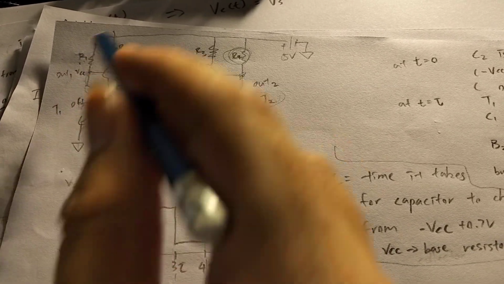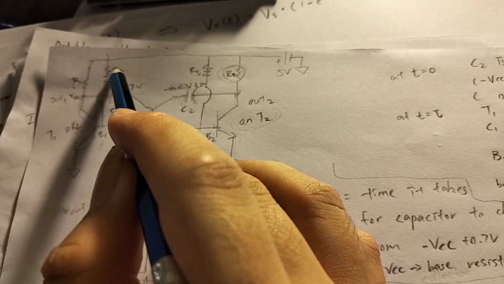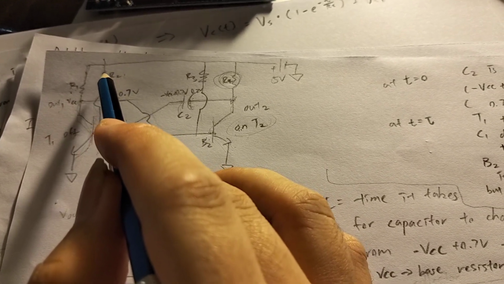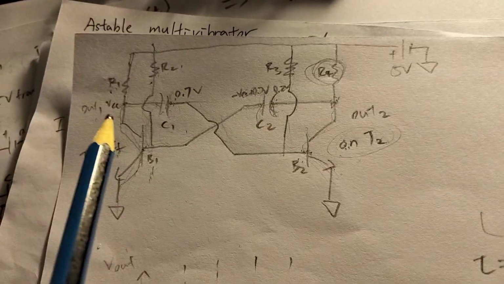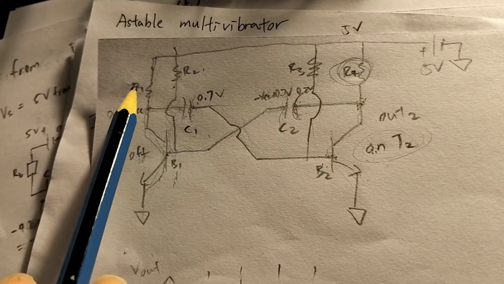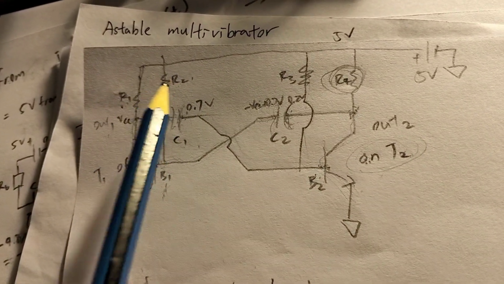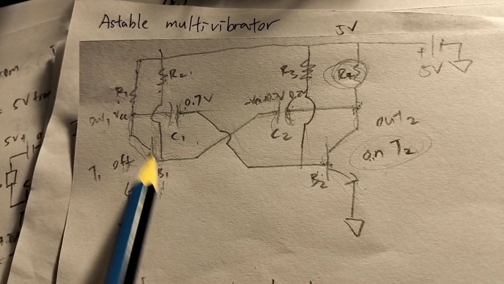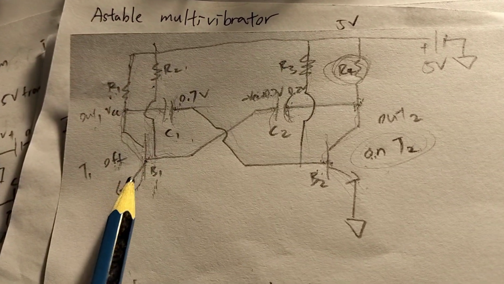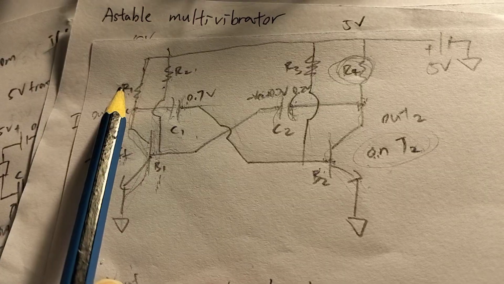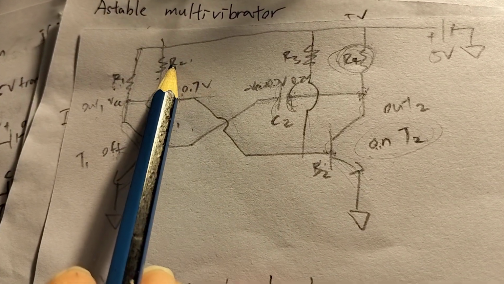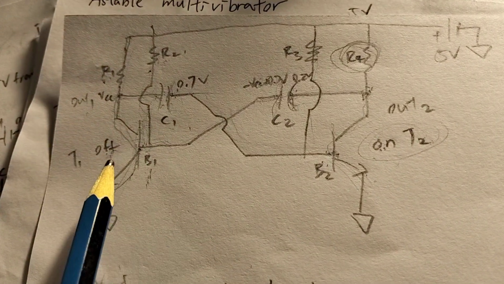So somehow, when R1 is too small and R2 is too big, but not big enough to not allow it to go into saturation, there's a state where it can't actually hit cutoff. So instead, I used R1 as, I believe, 6.6K, and R2 was 20K, and then it can actually hit both cutoff and saturation.